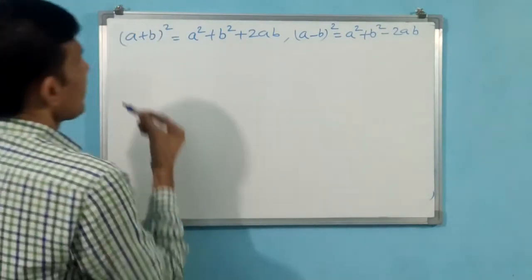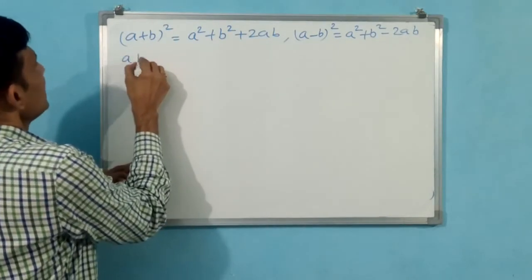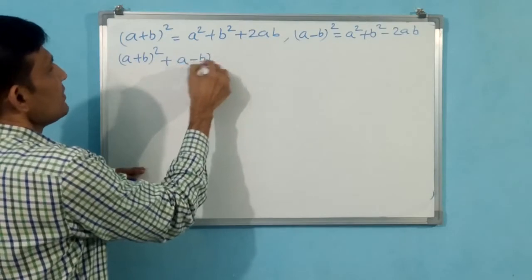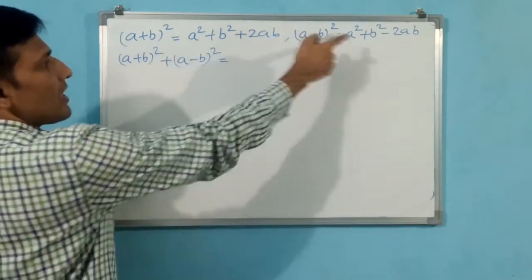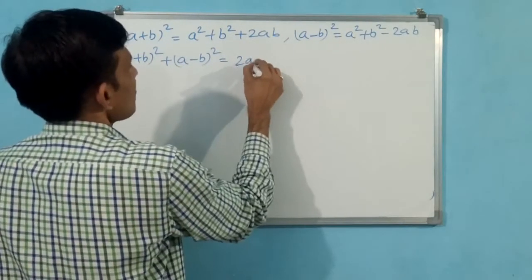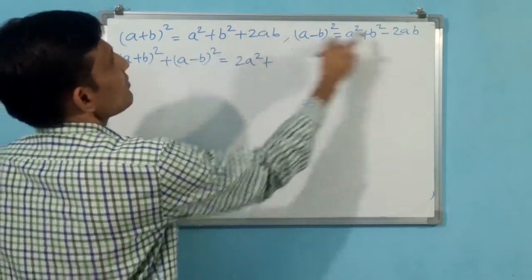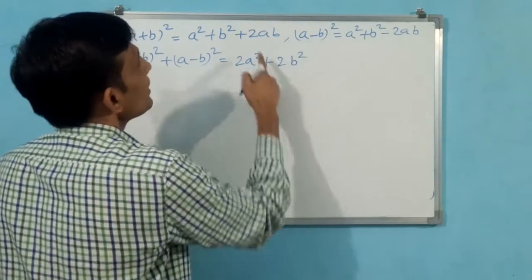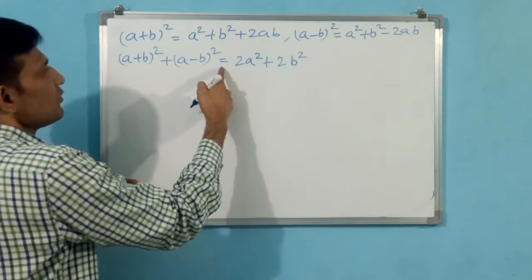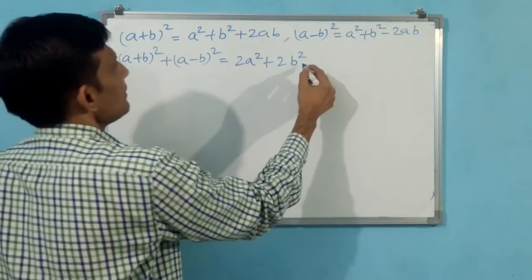Then we go for a plus b whole square plus a minus b whole square. I am adding both. a square plus a square is 2a square, b square plus b square is 2b square, plus 2ab minus 2ab is 0. That means a plus b whole square plus a minus b whole square is equal to 2a square plus 2b square.